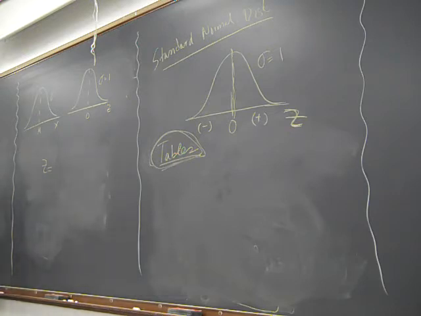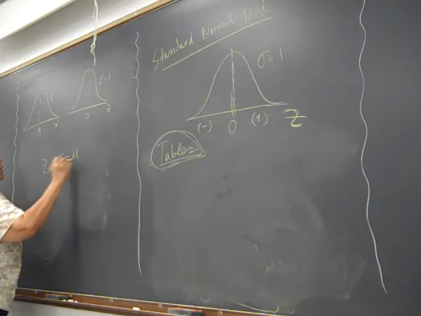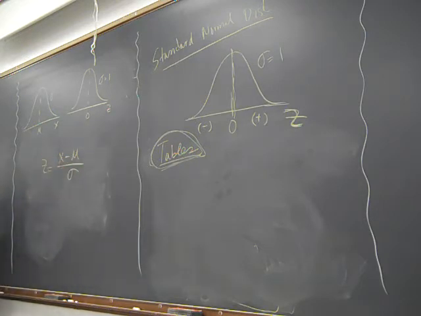And probably this is the only formula that I'm going to require you to memorize, because this is the only formula that you need to memorize. X minus mu divided by sigma. Z is equal to x minus mu divided by sigma. You need to dream about that formula.